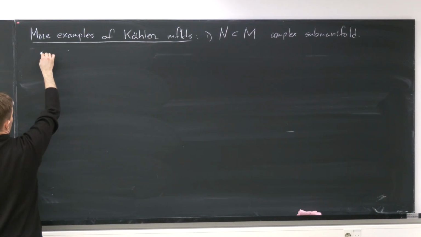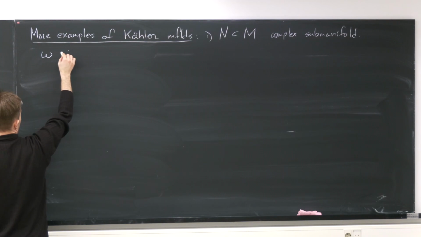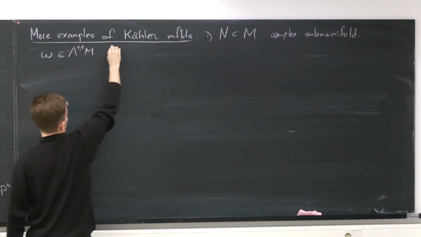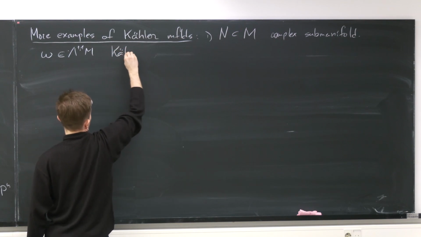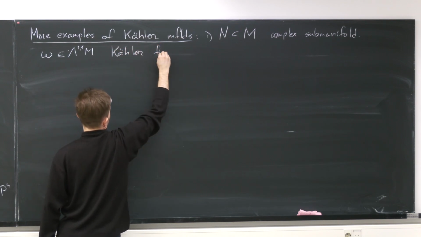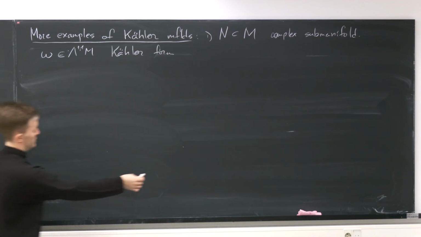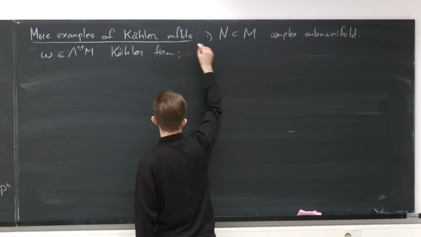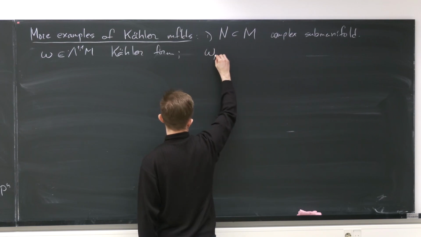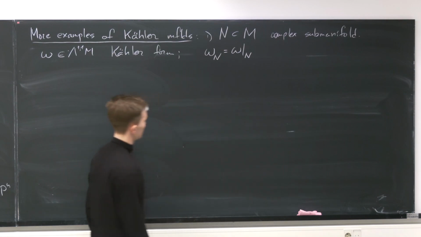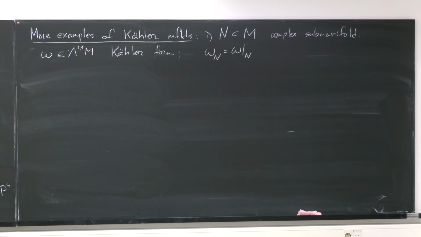So assume that omega is the Kähler form on M. Then let's restrict it to N, and write omega_N for the restriction. I claim that this is a Kähler form on N. So what do we have to check?